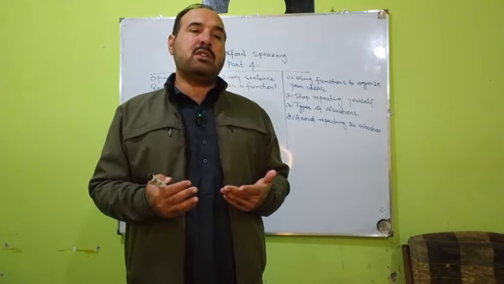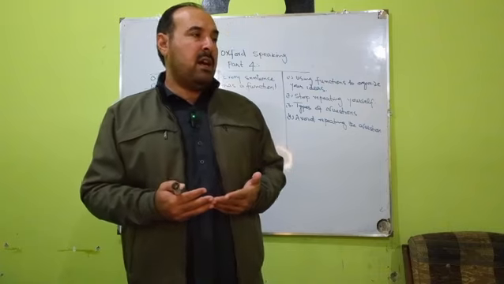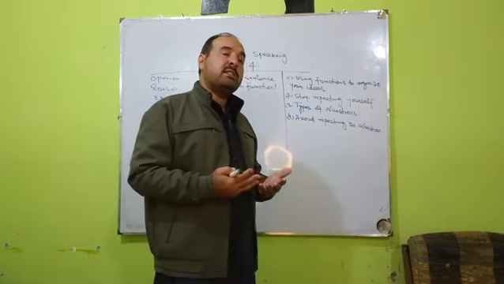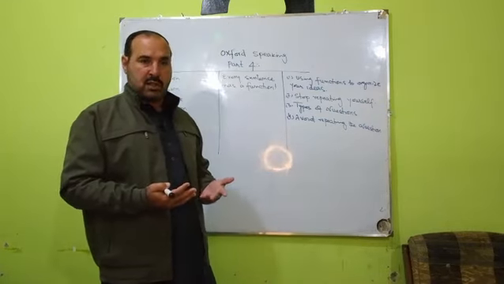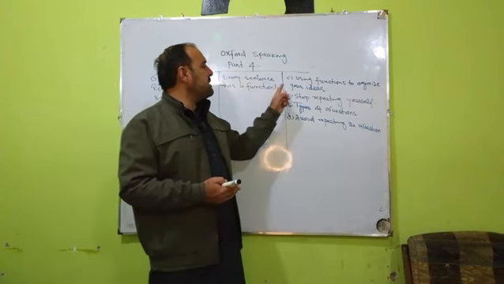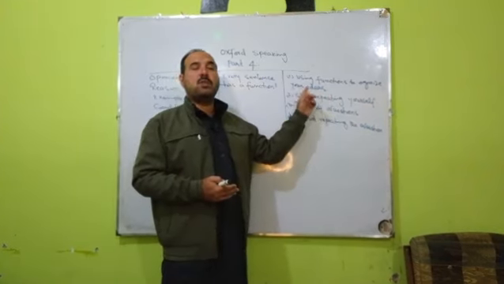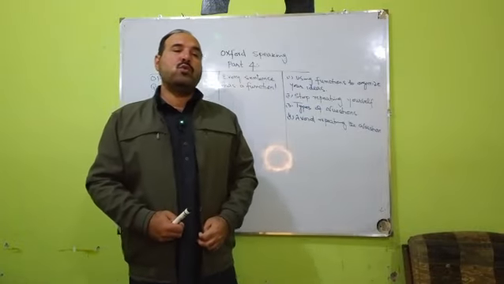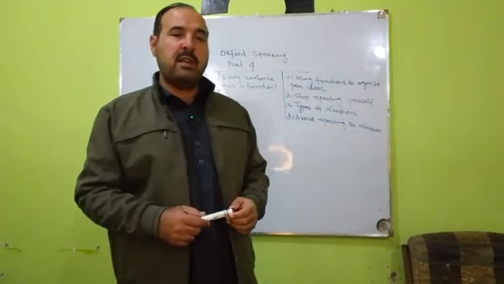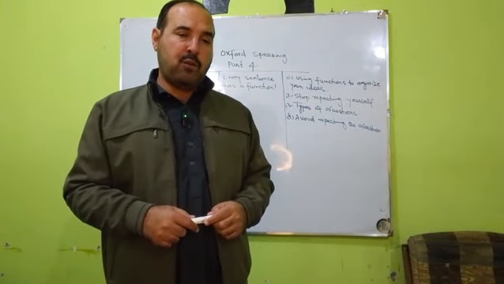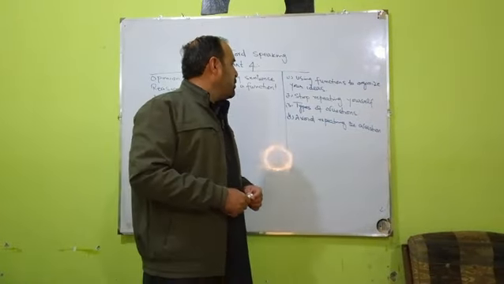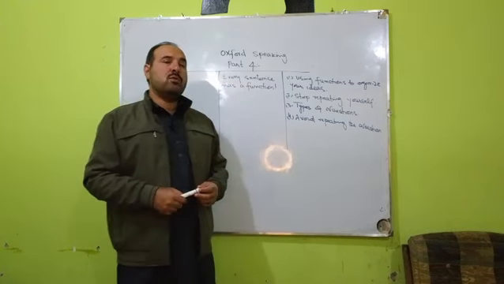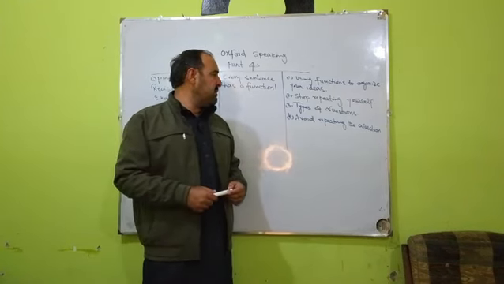Their communication is not coherent. It is disorganized. It's not logical. So this is the first step that you need to keep in mind when you are going to answer the questions in Oxford Speaking Part 4. So you need to use a functional language to organize your ideas.